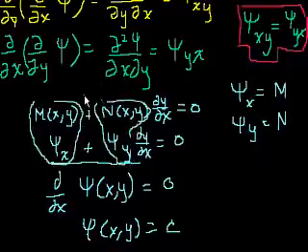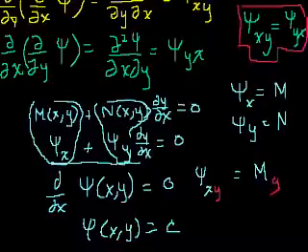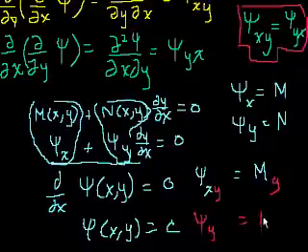If this is an exact equation, and we take the partial of m with respect to y, where the partial of xi with respect to x is equal to m, that should be equal to the partial of n with respect to x, since the partial of xi with respect to y is equal to n.